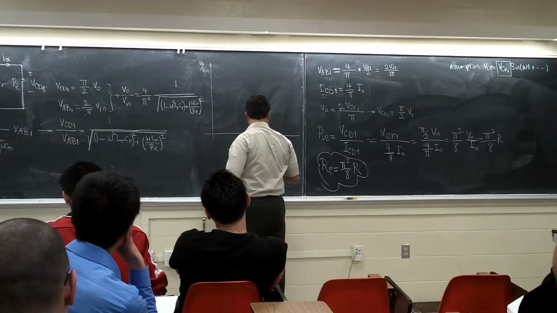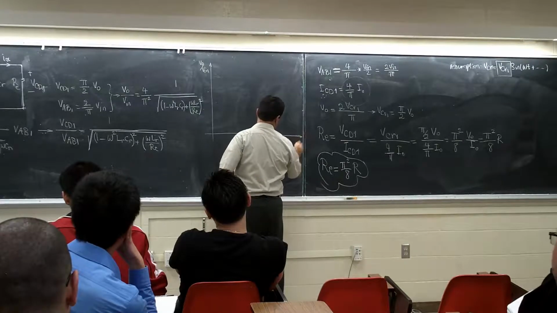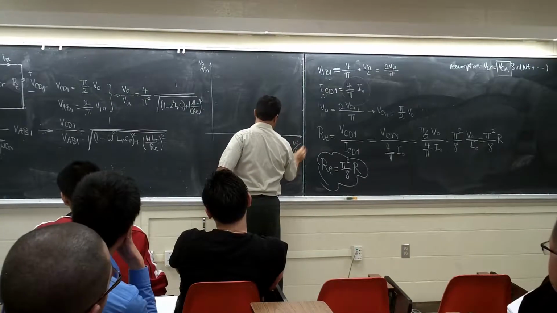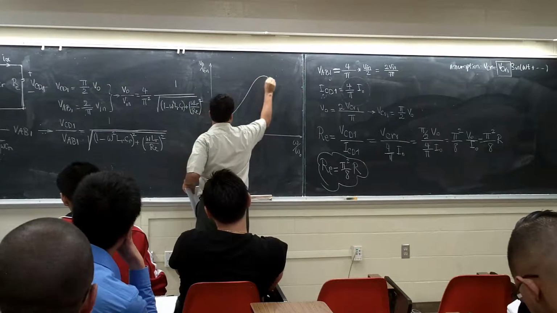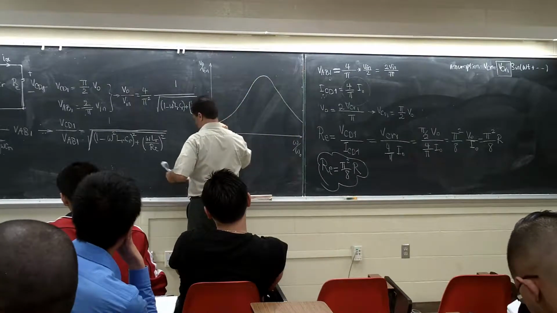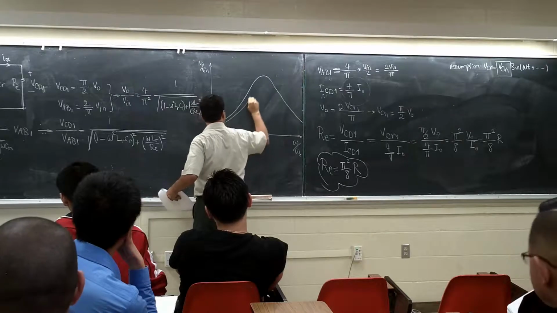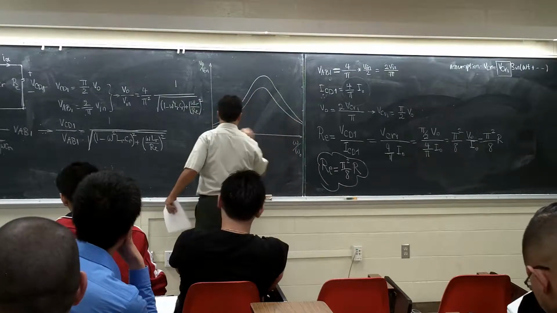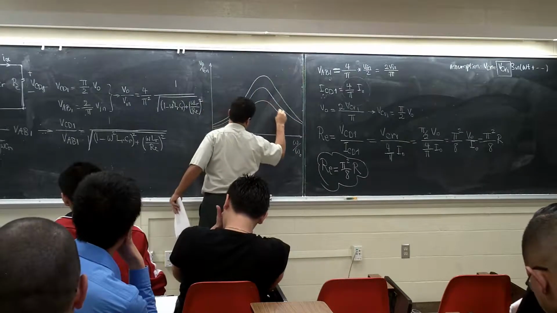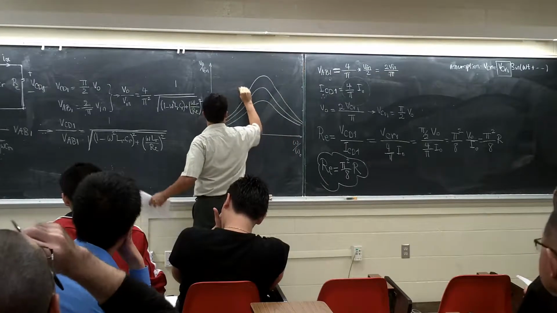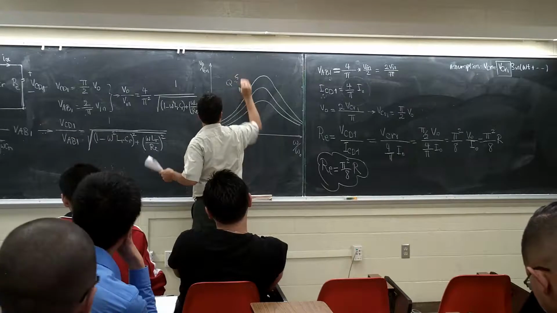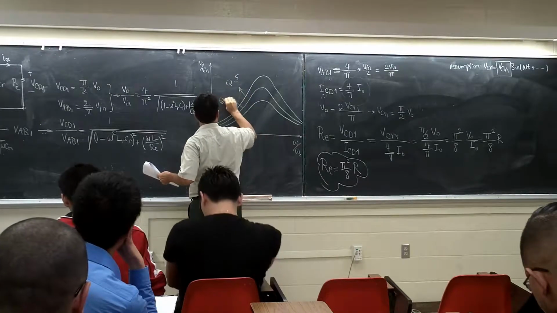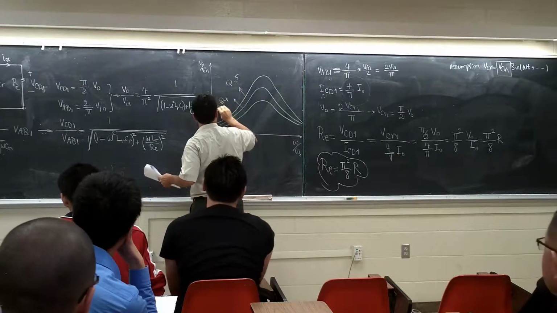V out over V in, and this is omega over omega 0. For example, this is Q5, this is Q4, this is Q3.